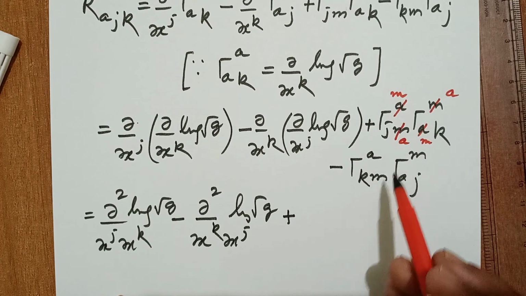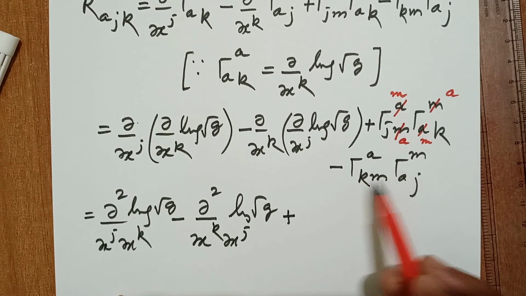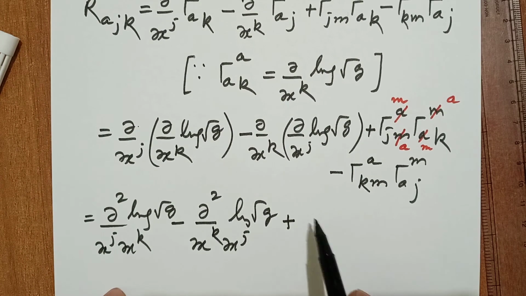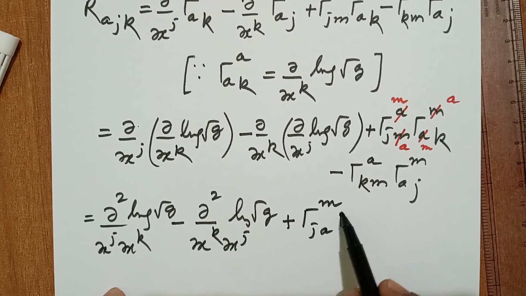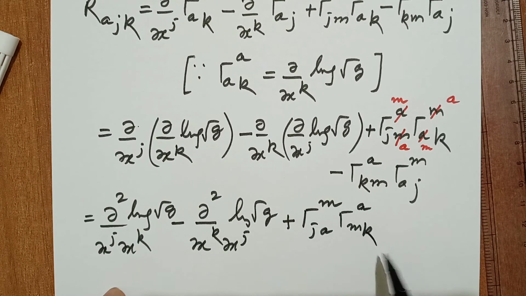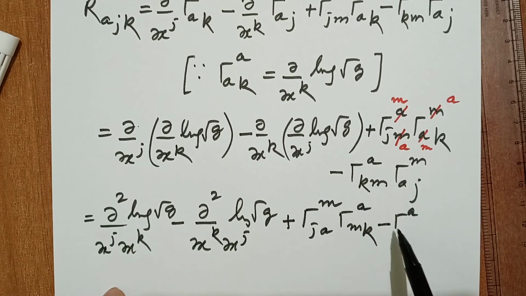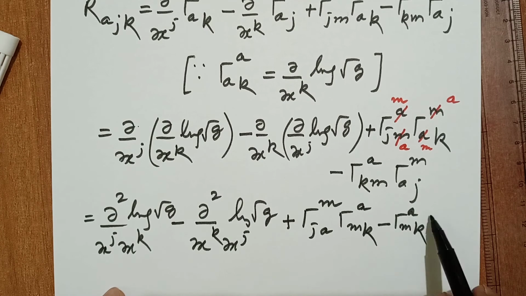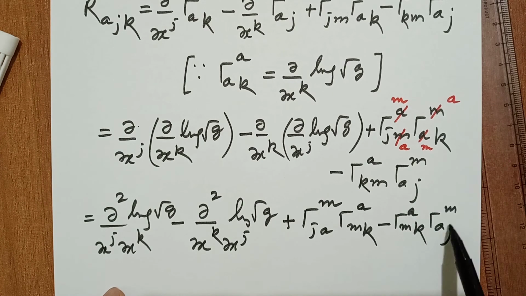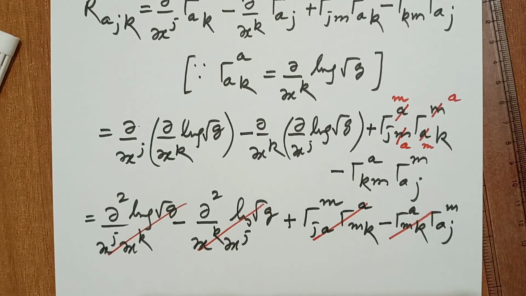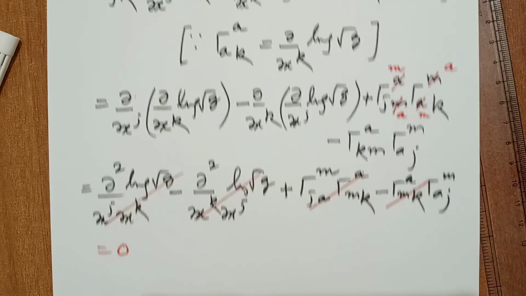Also this is commutative in these two indices, so this can be written as Γ^m_ja Γ^a_mk minus Γ^a_mk Γ^m_aj. So these cancel out, and this is equal to 0.